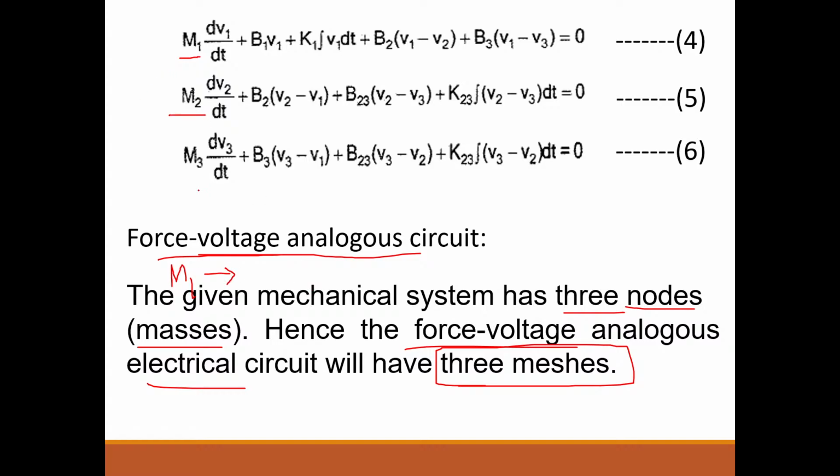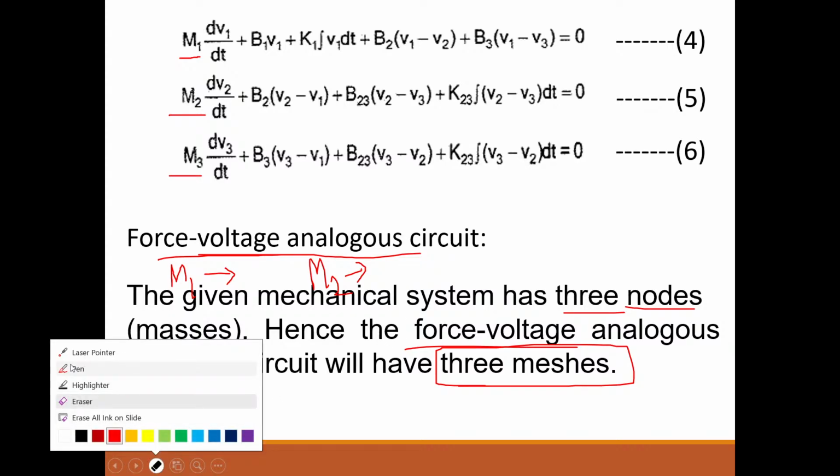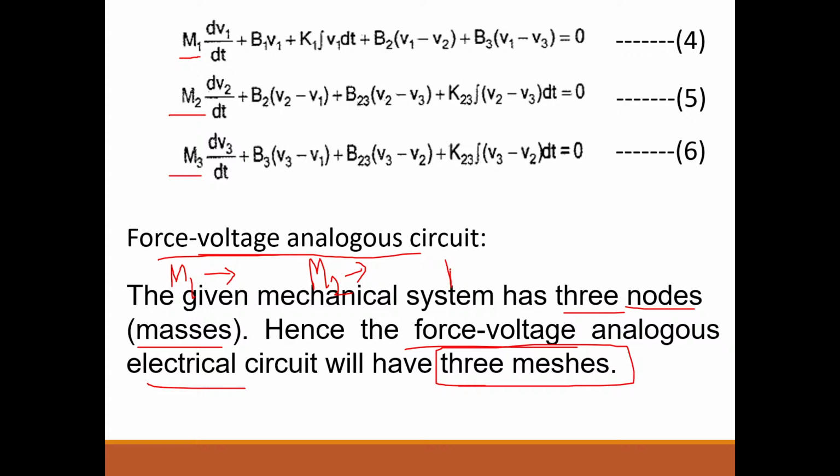Next, M2, write M2, put an arrow mark and leave it. Next, write M3, put an arrow mark and leave it.